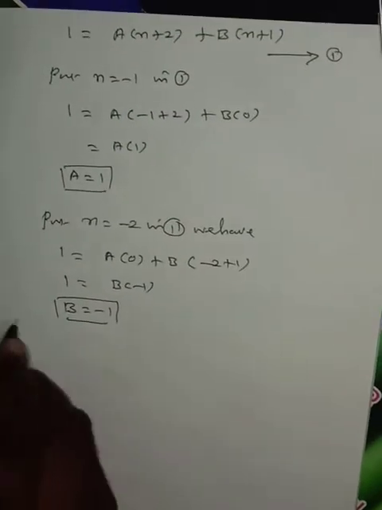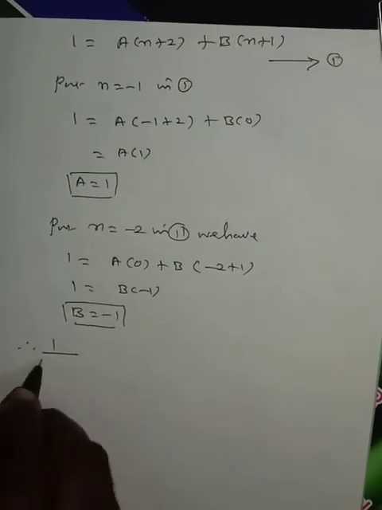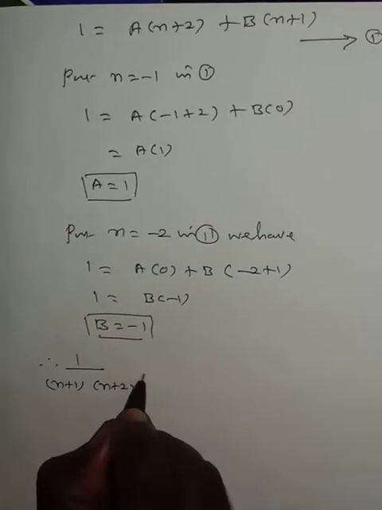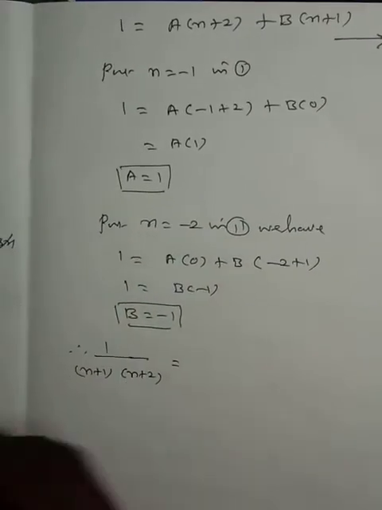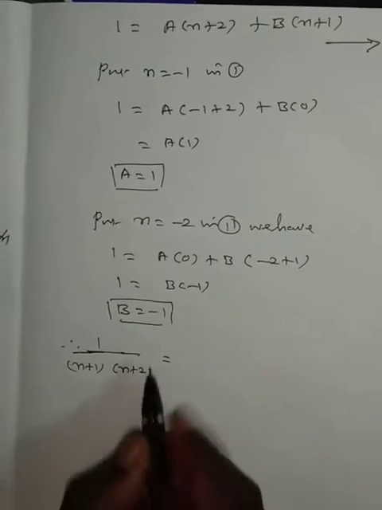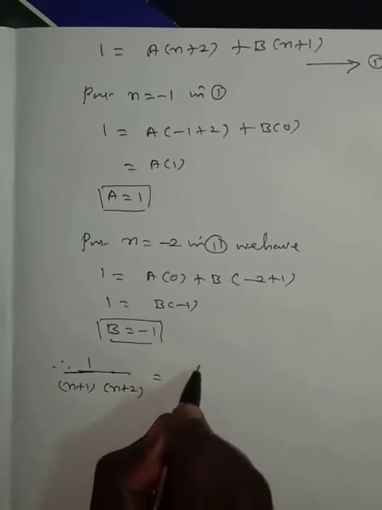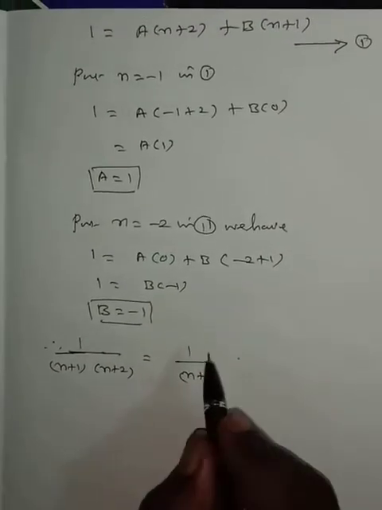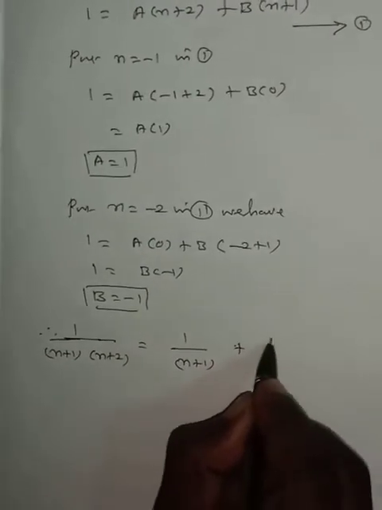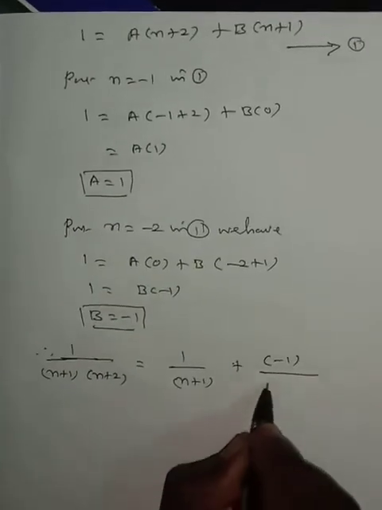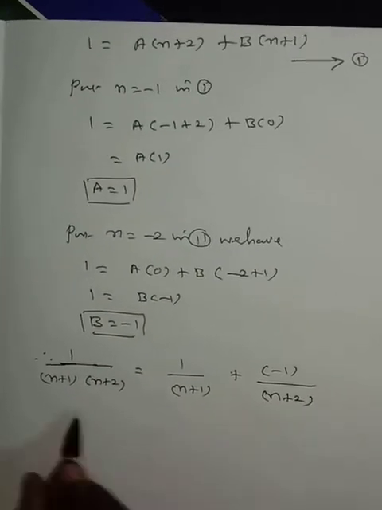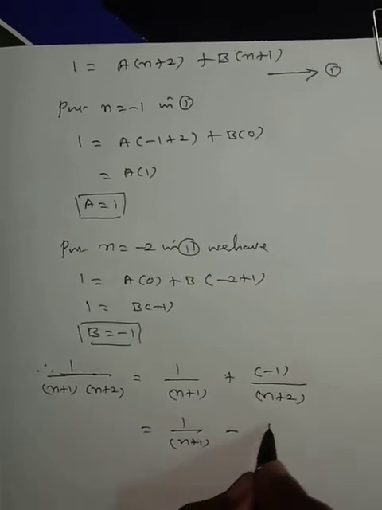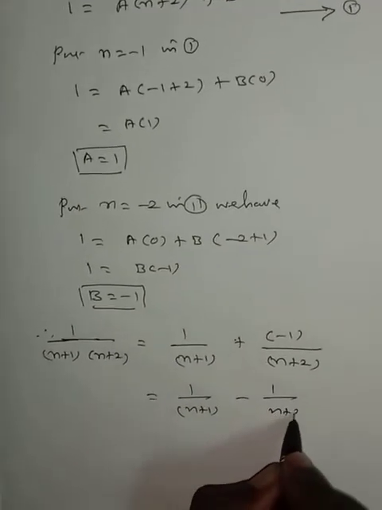Therefore 1 by x plus 1 into x plus 2 is equal to a, that is 1, divided by x plus 1 plus b into minus, so minus 1 divided by x plus 2. This can be written as 1 by x plus 1 minus 1 by x plus 2.